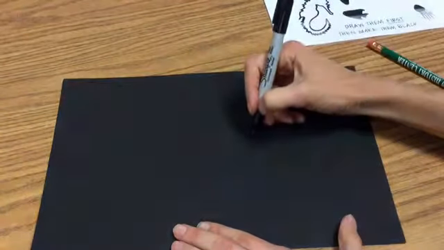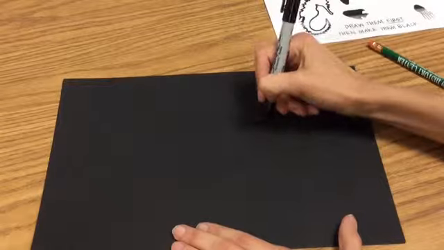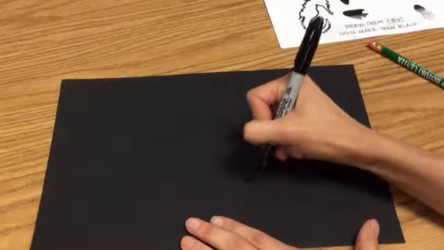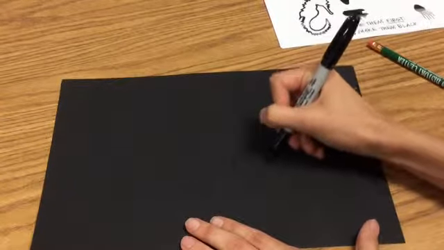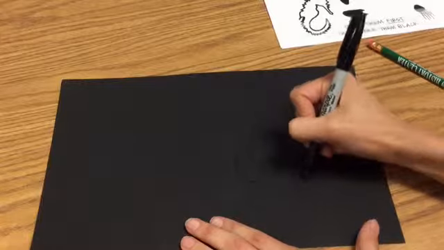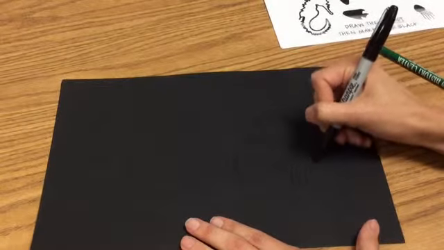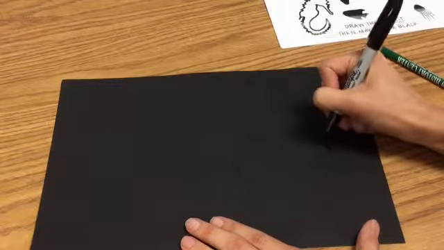Something that you can do if you're having difficulty seeing it, you can use a Sharpie and outline it. The reason we want to use a Sharpie and not a white colored pencil or a white crayon is because we don't want this to stand out.